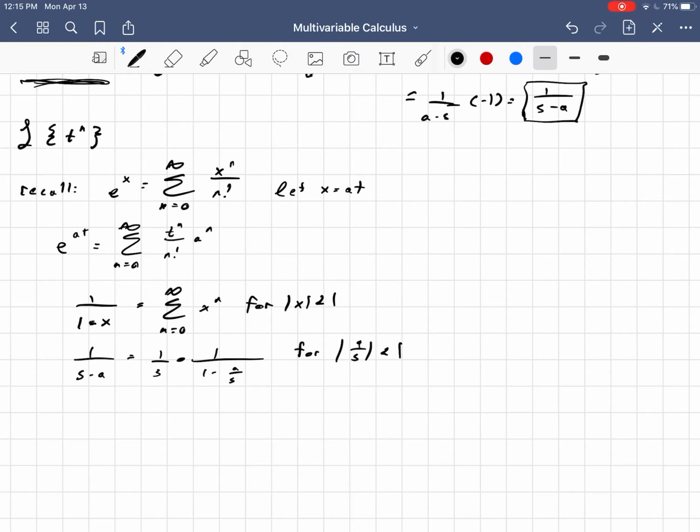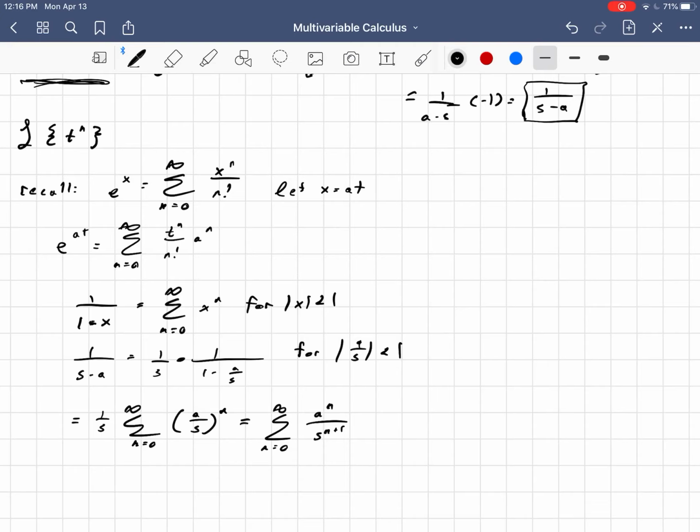And so now I should get that 1 over s times 1 over 1 minus a over s is equal to 1 over s times sigma n equals 0 to infinity of a over s to the n, which, if I put the s out front into the summation, I can write as sigma n equals 0 to infinity of a to the n over s to the n plus 1.